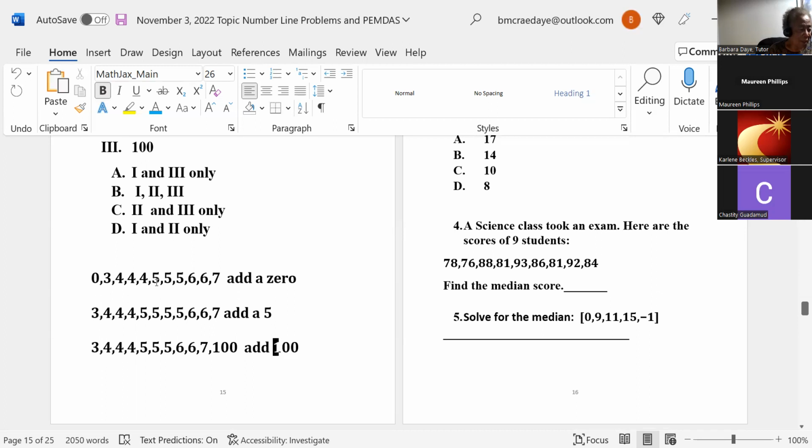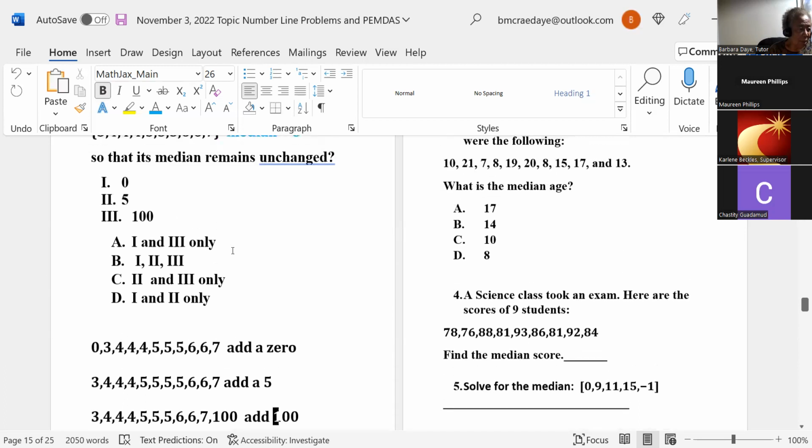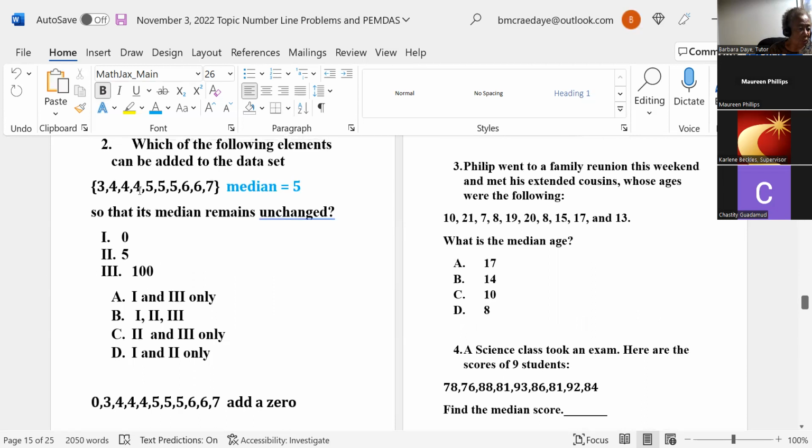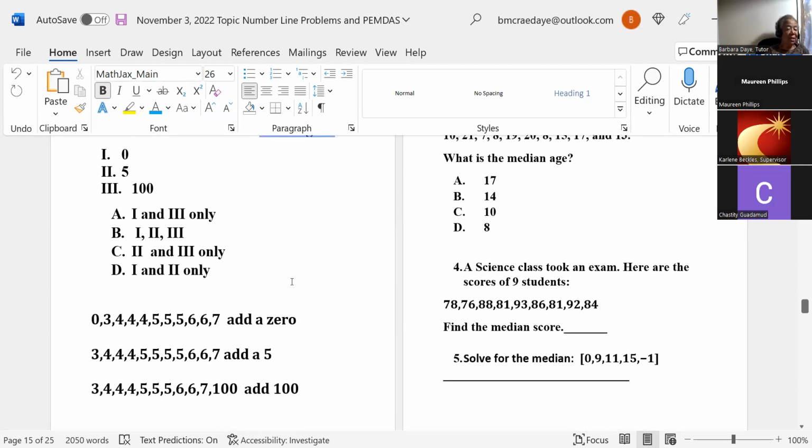Each time we added, this is a 4, 7, 10. So now it's 11. That means there's a number sitting right there in the middle because it's 11, an odd number. So what's the median for this first one? 5, because 1, 2, 3, 4, 5, and there's the median sitting right here.